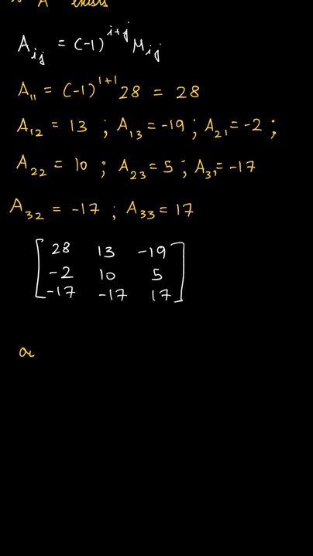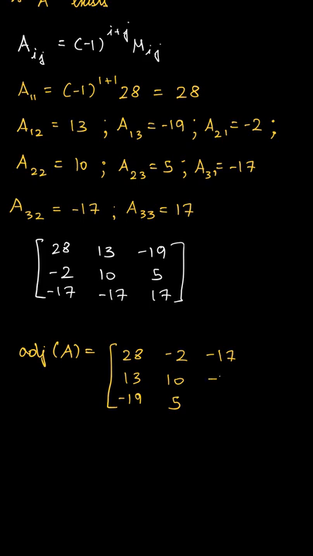Now to find the adjoint of A, we know that the adjoint of A is equal to the transpose of the cofactor matrix. Therefore, we will transpose this. So that will be equal to 28, 13, minus 19, minus 2, 10, 5, then minus 17, minus 17, and then 17.